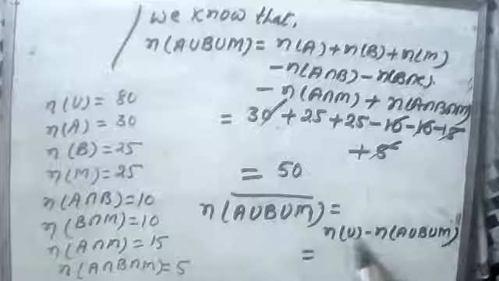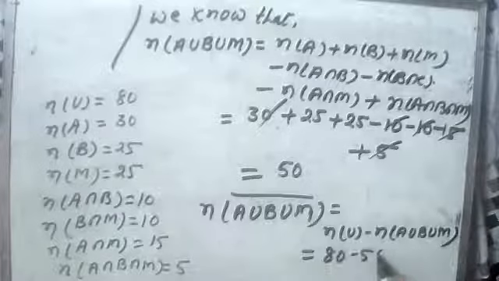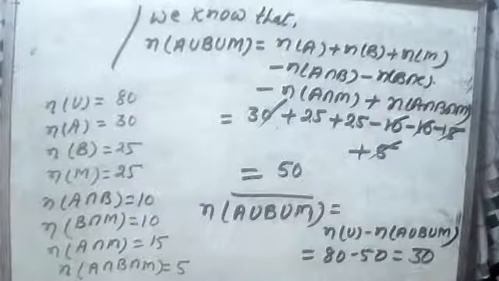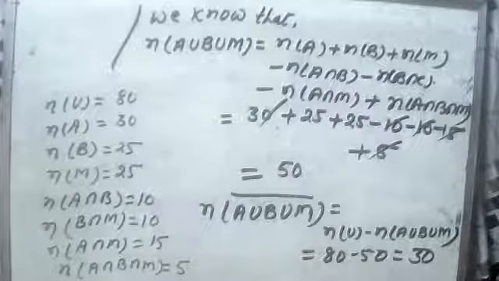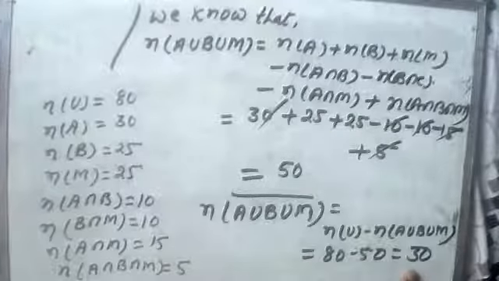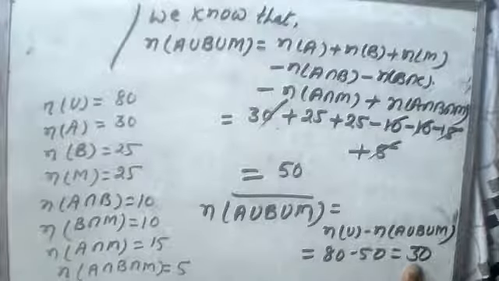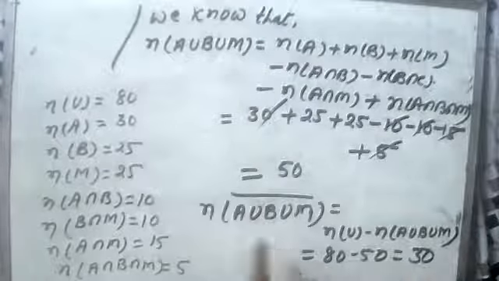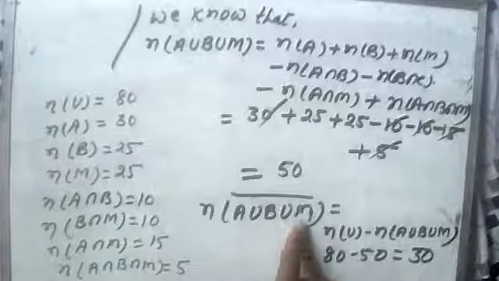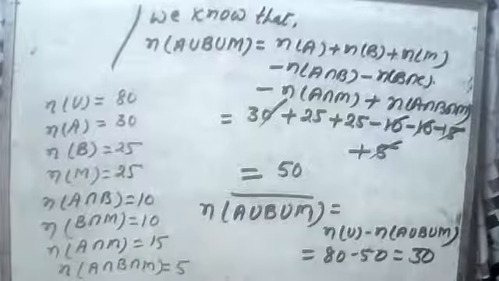So this is equal to 80 minus 50, that is 30. So this is the number of students who do not like any of the three fruits.